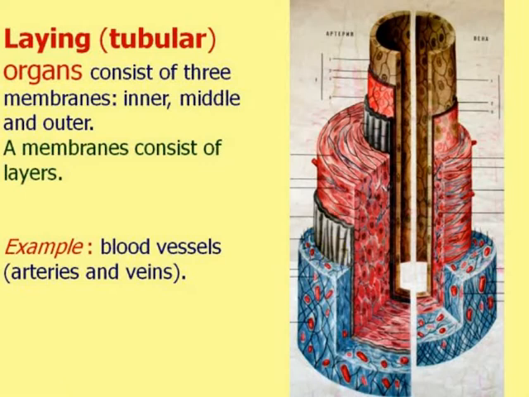So the tissues in line organs are organized in layers, and layers form three membranes. For example, in blood vessels, you see here the schematic drawing of artery, half of it, and vein.